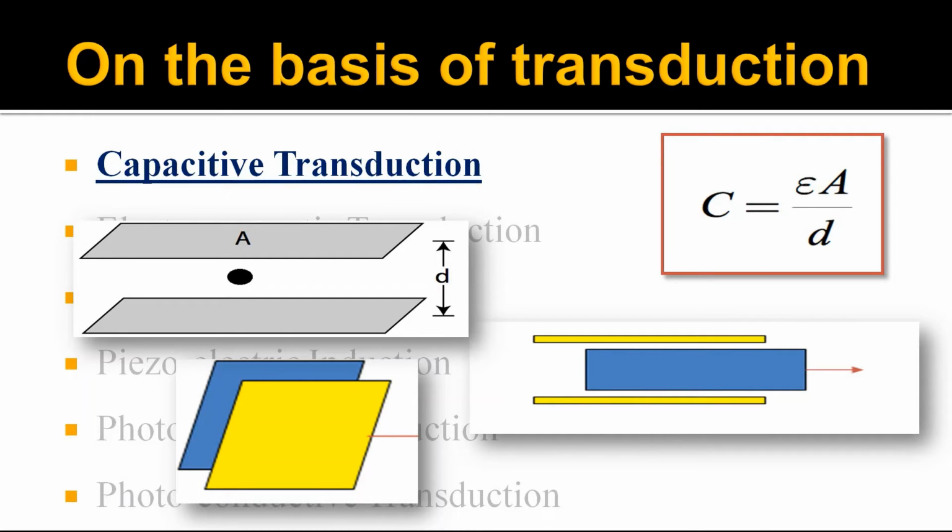Third method is to keep both plates of the capacitor fixed and move the dielectric. This way, the permittivity of the capacitor is varied, keeping the other two parameters, that is distance and effective area, as constant. Therefore, in capacitive transduction, the measured entity is converted to the change in capacitance.